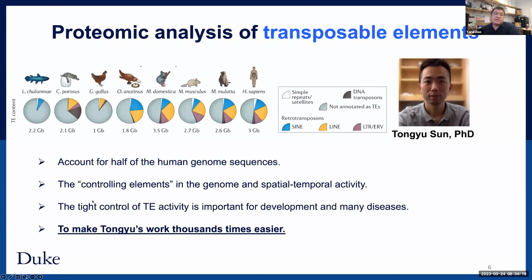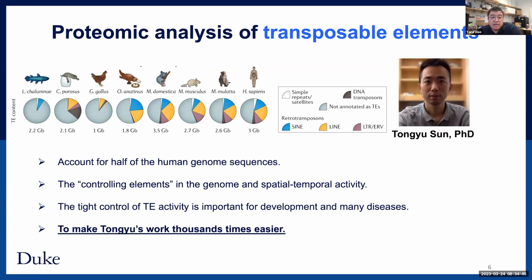So we decided to focus on transposable elements, which are the repetitive sequences in the genome. Compared to a single enhancer or promoter, transposable elements account for over half of the human genome sequence, and it's been known for decades that many of these transposable elements are controlling elements in the genome, and they exhibit spatial-temporal activity.